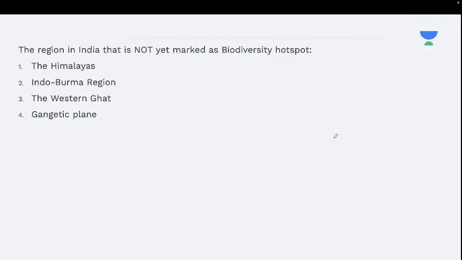The region in India that is not yet marked as biodiversity hotspot.